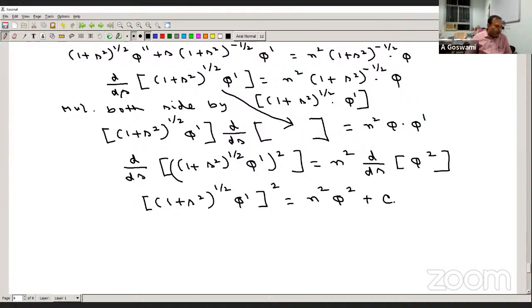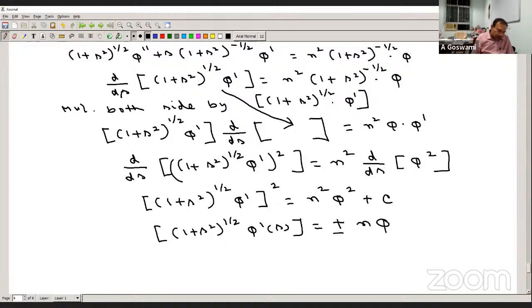So by putting c equals 0, of course c is the constant of integration, you will obtain this thing: (1 + s^2)^(1/2) φ' equals plus minus n φ.